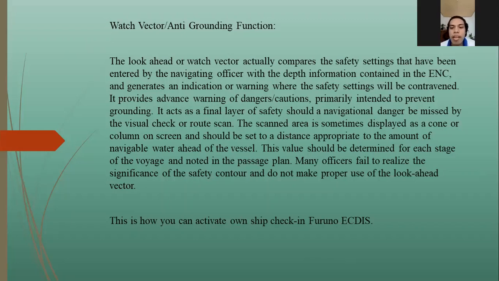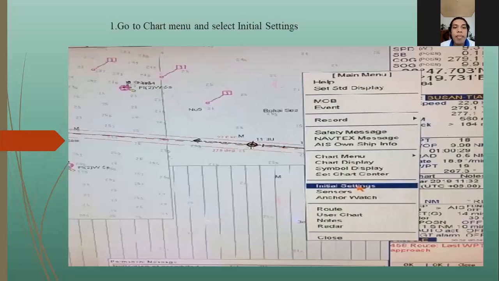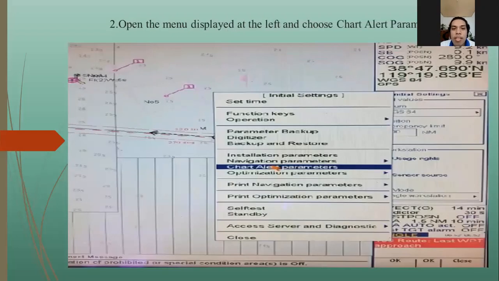Many officers fail to realize the significance of the safety contour and do not make proper use of the look ahead vector. This is how you can activate the own ship check with the use of Furuno ECDIS. Next. First, go to the chart menu and select initial settings. Next.